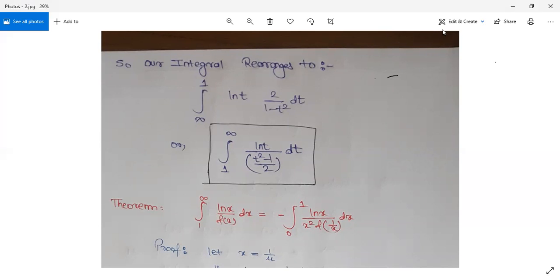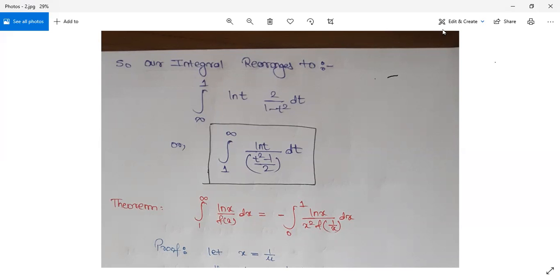Now you will be thinking, how have I interchanged the limits? Actually, I have taken a negative sign out from this 1 minus t square term. As I have taken one negative sign out, it has switched the upper and the lower limit of this definite integral from infinity to 1 to 1 to infinity.